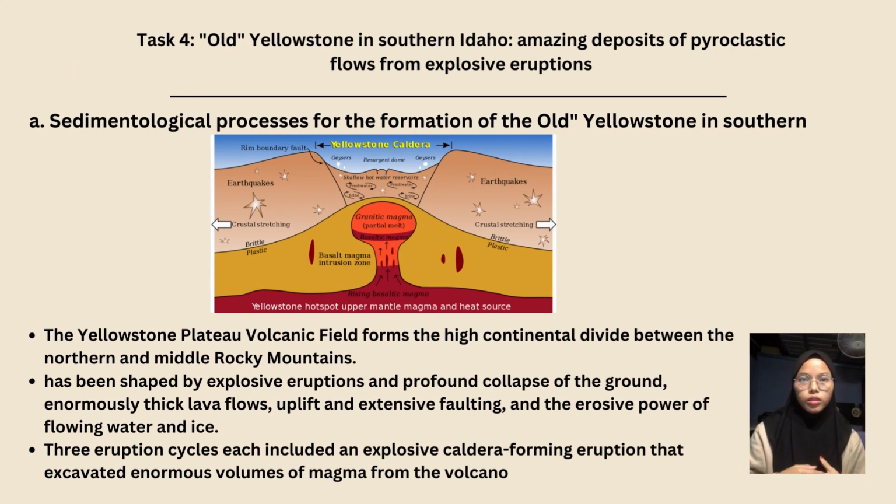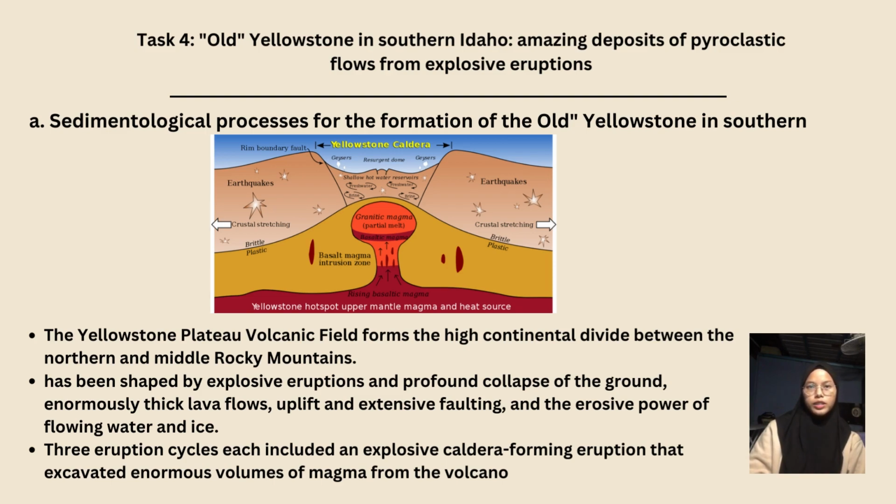The Yellowstone volcanic field lies on the high continental divide between the North and Middle Rocky Mountains. Yellowstone has been shaped by eruption, inflation, and profound collapse of the ground, volcanic lava flows, uplift, and faulting, and the erosive power of flowing water and ice.